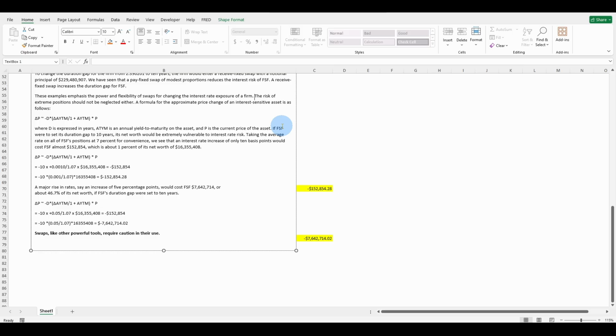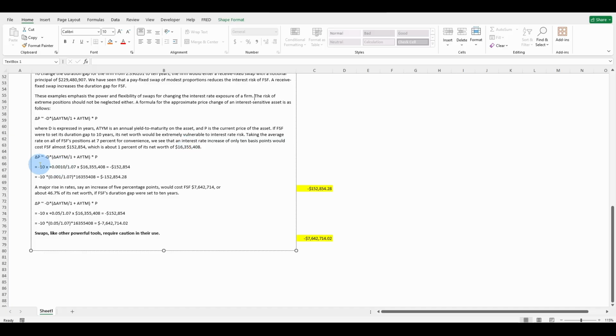If FSF were to set its duration gap to 10 years, its net worth would be extremely vulnerable to interest rate risk. Taking the average rate on all FSF positions at 7% for convenience, we see that an interest rate increase of only 10 basis points would cost FSF almost $152,854, which is about 1% of its net worth of $16.3 million.